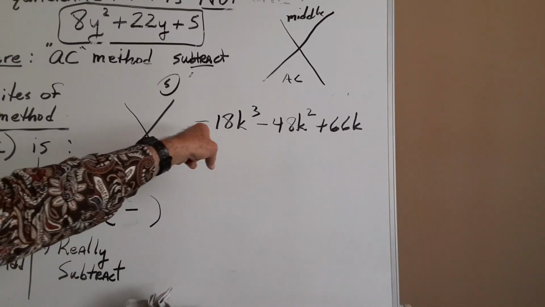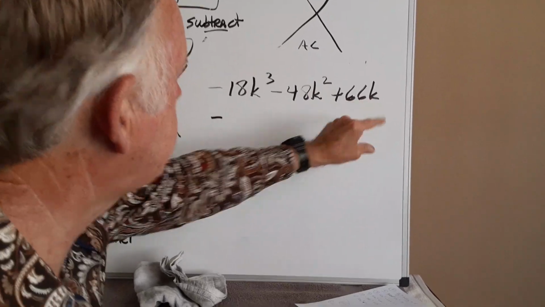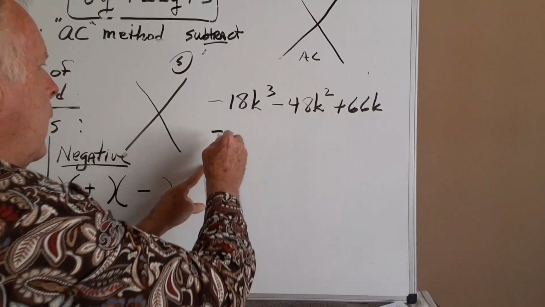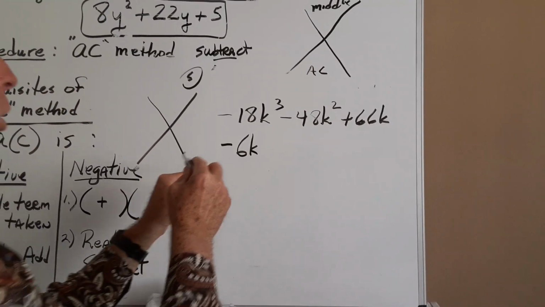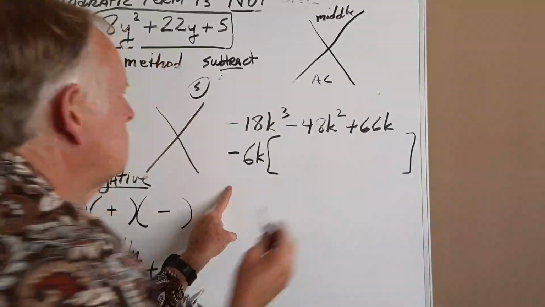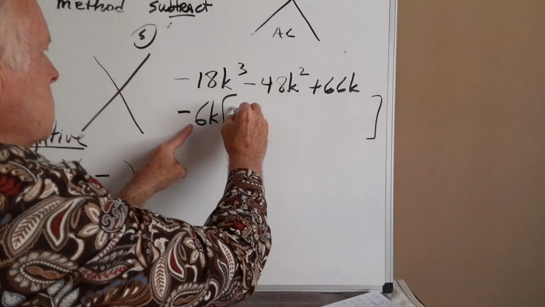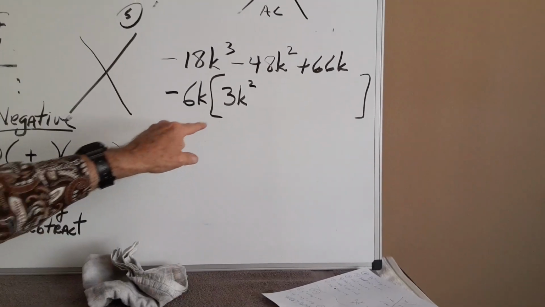So you got to go lower than 9. 6. 6 goes into all three, along with a k. They all have powers of k. We take the tiny one. I go with a bracket. Negative divided by negative. See, people?